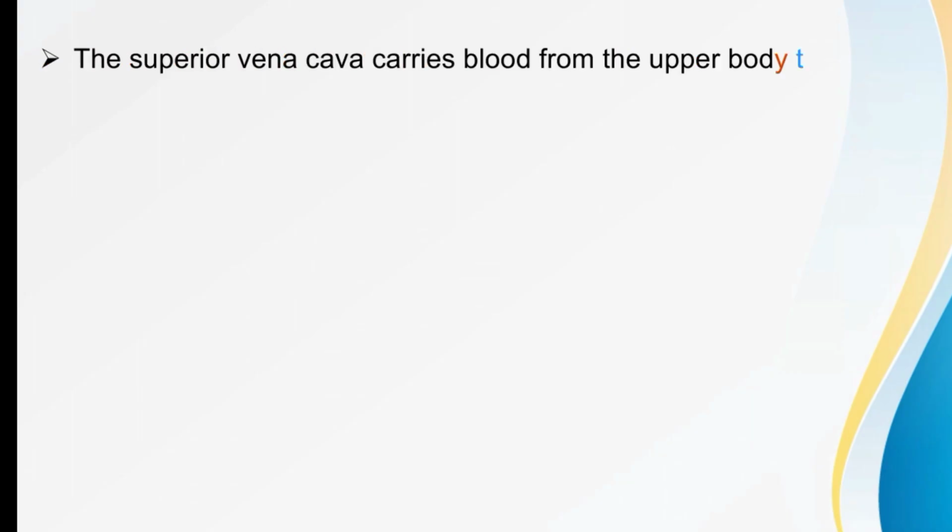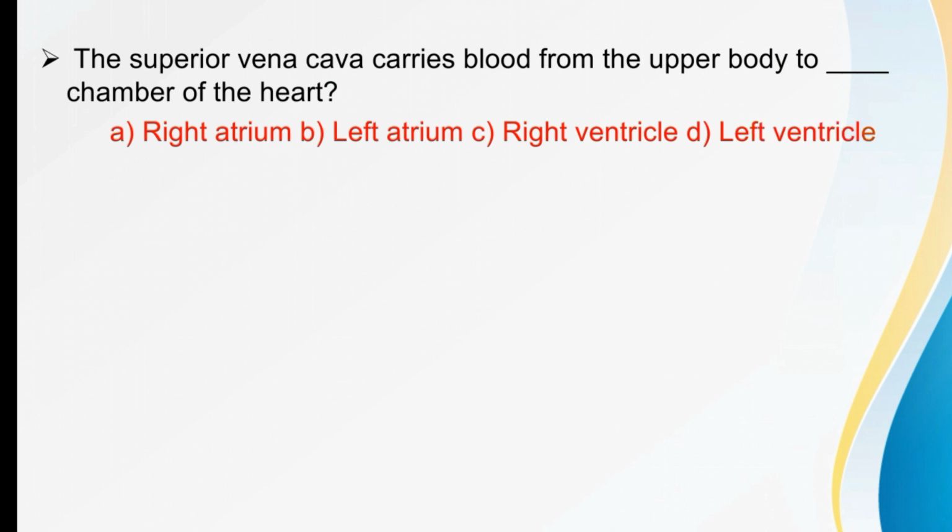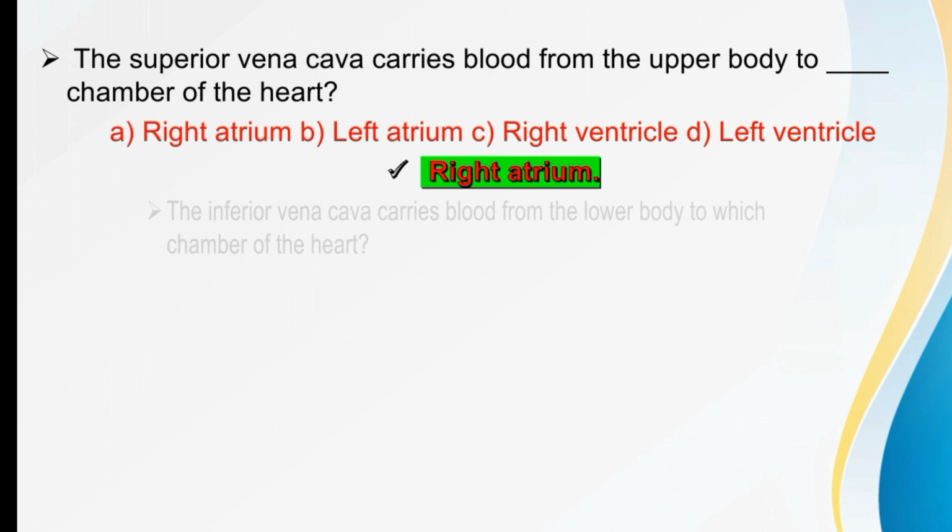The superior vena cava carries blood from the upper body to dash chamber of the heart. Our options are right atrium, right ventricle, left ventricle. The right option is right atrium.